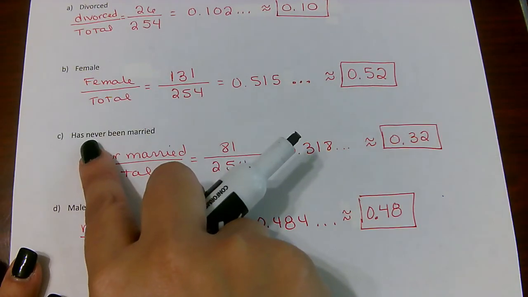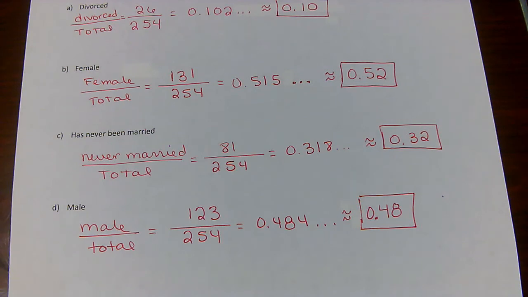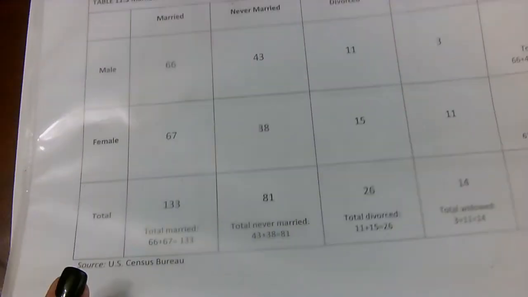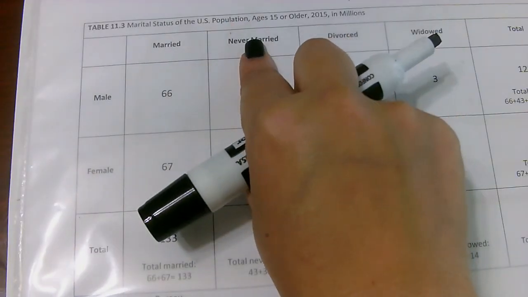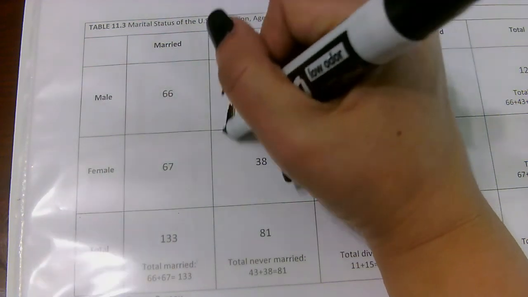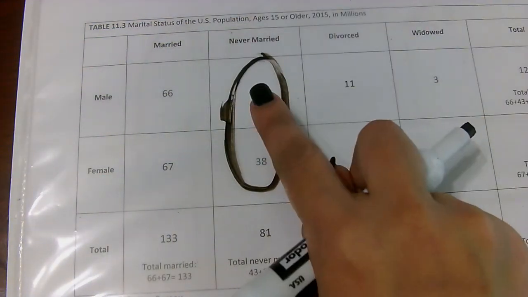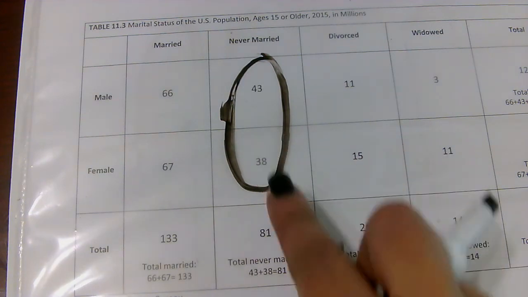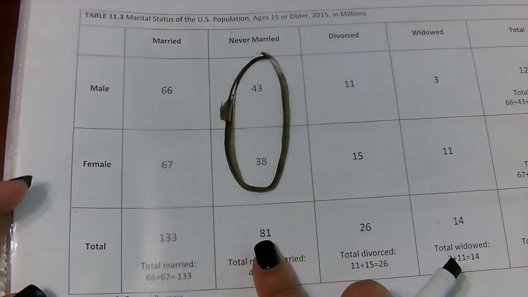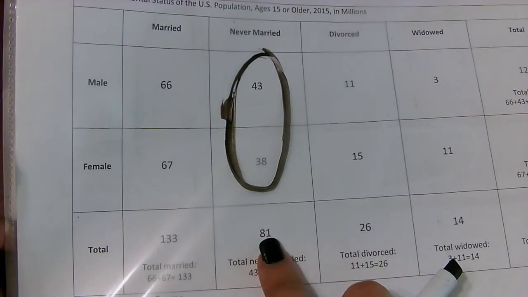On part C, it says, what is the probability that the person selected has never been married? So in that case here, we're going to go to our never married category, and it doesn't specify if it has to be a male or a female, so we're going to circle both of them. As you can see here, the total number of people who are never married is only 81.